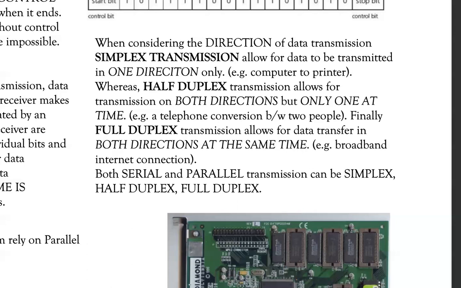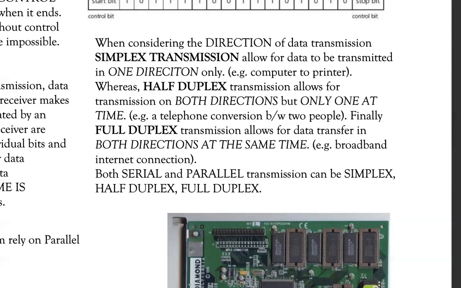The person who was listening, who was not pressing any button and was simply receiving the data, will now press the button. It is now his turn to speak, and the receiver becomes the sender, and the original sender becomes the receiver. So data can be transferred in both directions, but not at the same time.